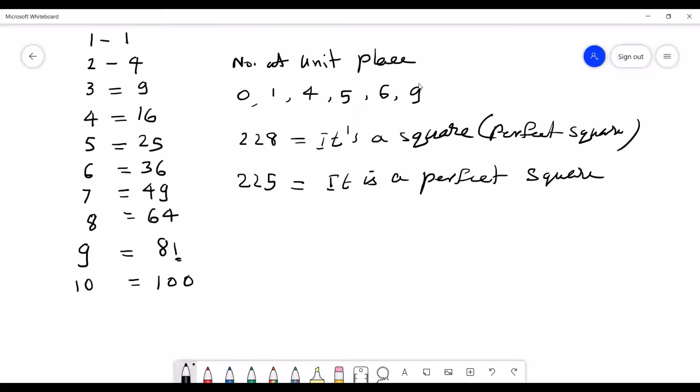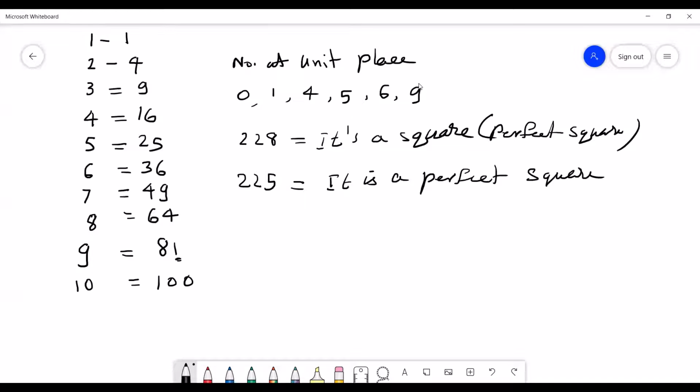So this way, we can identify whether a particular number is a square or not by just seeing the unit place of that given number. Unit place must be 0, 1, 4, 5, 6, 9. Either any one of these numbers should come in unit place, then only we can say the given number is a perfect square of some number.